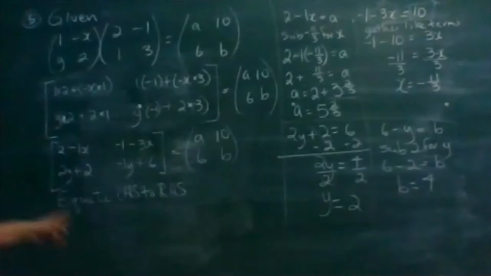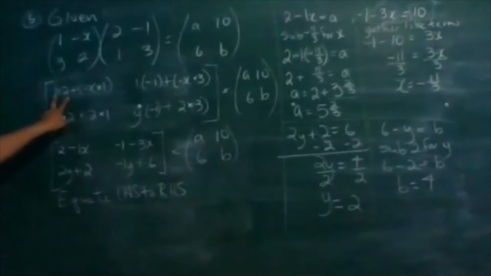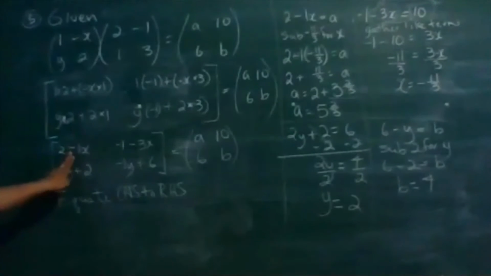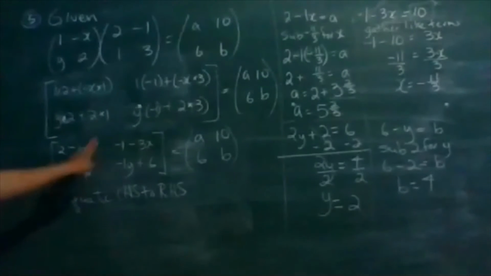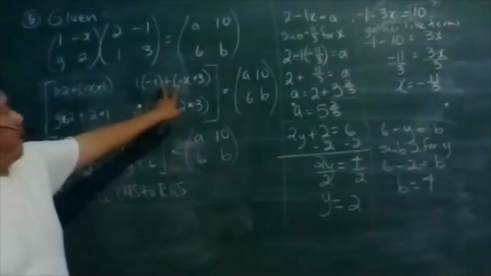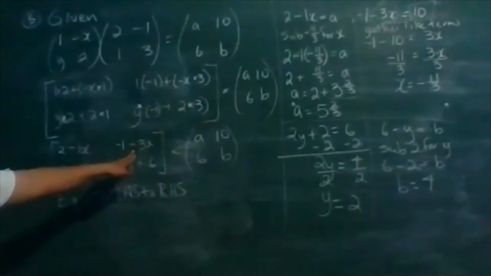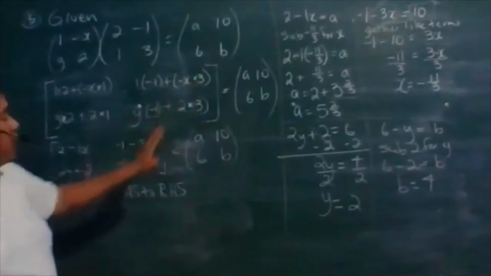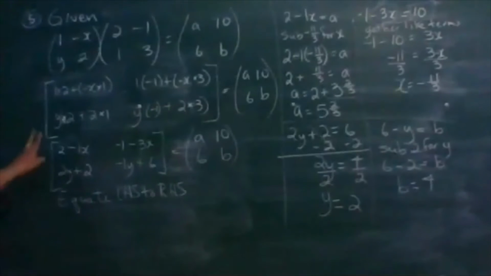So then I continue. 1 times 2 is 2. A positive times a negative is a negative, x times 1, 1x. 1 times negative 1 is negative 1. A positive times a negative is a negative, x times 3, 3x.